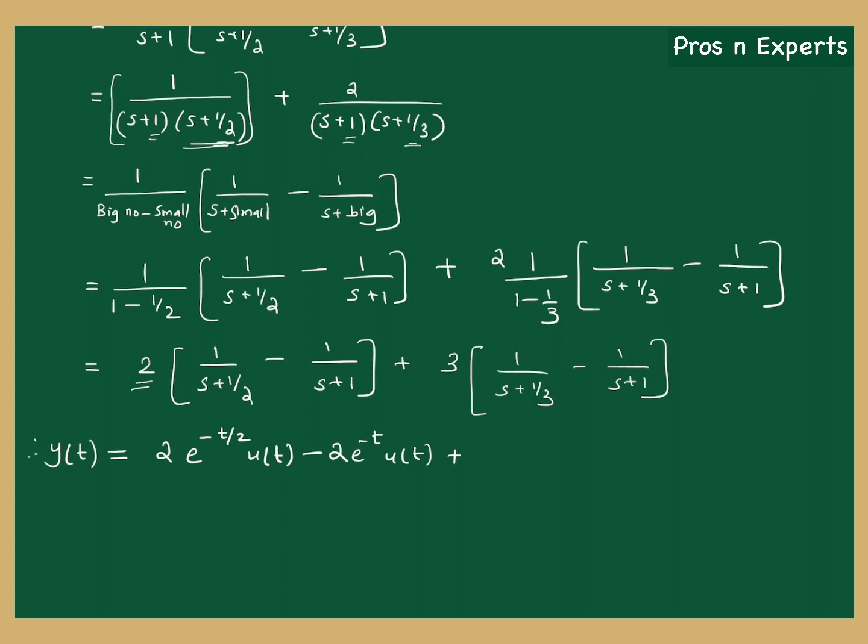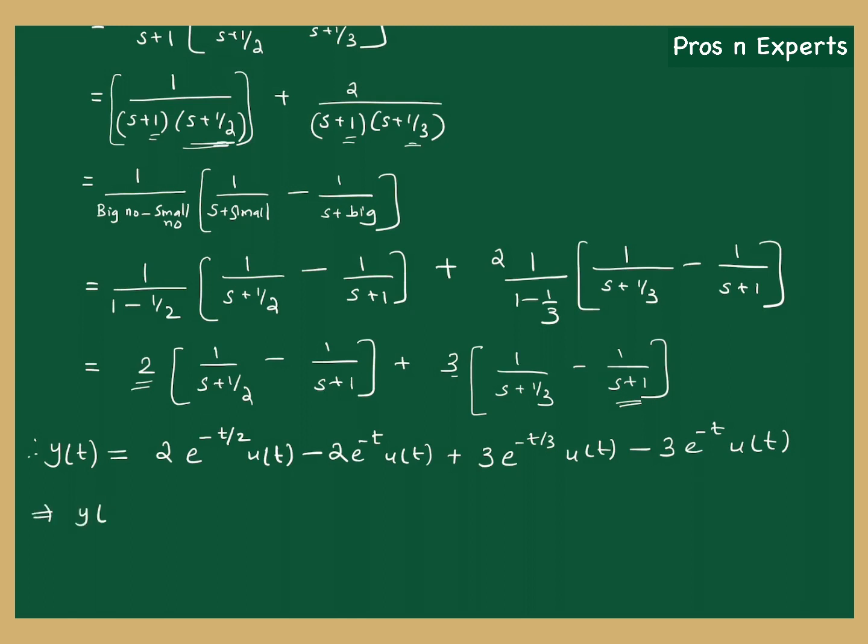Alright, now what is the inverse Laplace transform of 3 by s plus 1 by 3? It is 3 into e raised to minus t by 3 u of t, minus 3 is common, so minus 3 into the inverse Laplace transform of 1 by s plus 1, which is again e raised to minus t u of t. Okay, I think it is possible to simplify it further.